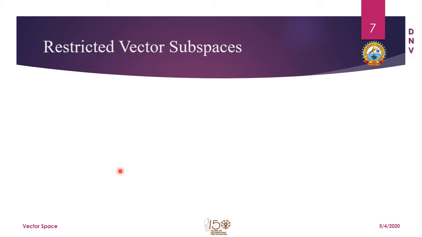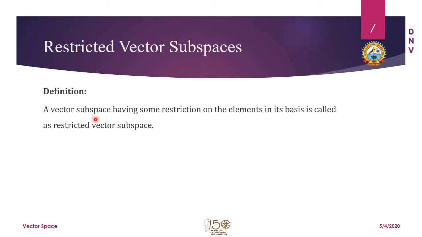Now, what are restricted vector spaces? As I said, can there be a basis or a dimension which is less than the number of components in the vectors lying in the basis? So the answer is yes. A vector space having some restrictions on the elements in its basis is called a restricted vector space.